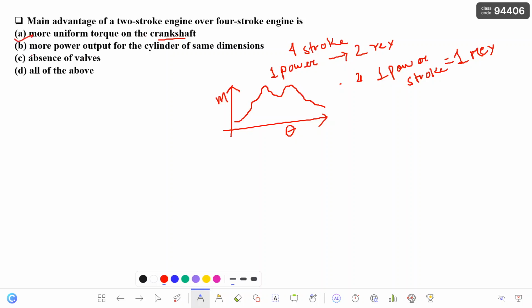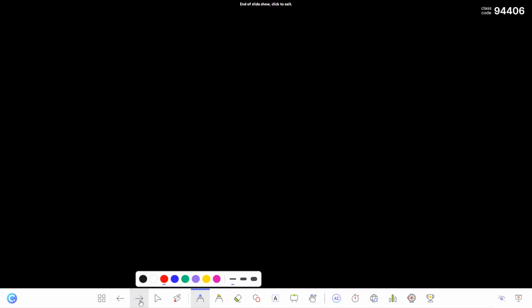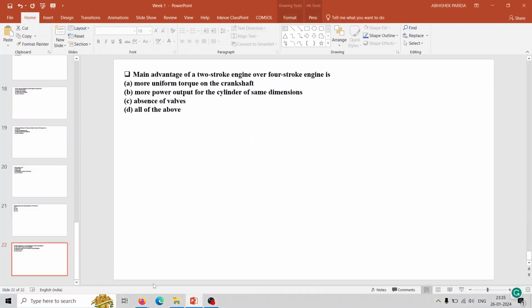So this is correct. More power output for a cylinder of the same dimensions, we have already discussed. Then the absence of valves is also correct, because in a 2-stroke, as I have already told, there are ports, not valves. So the answer is all of the above. With this I think we have come to the end of the question-answer session.